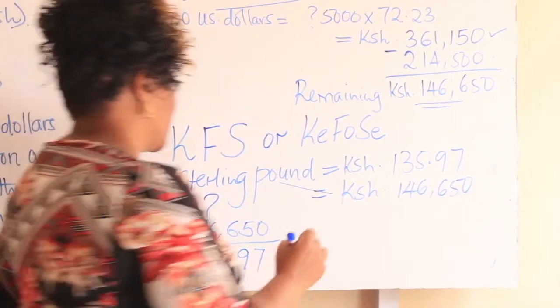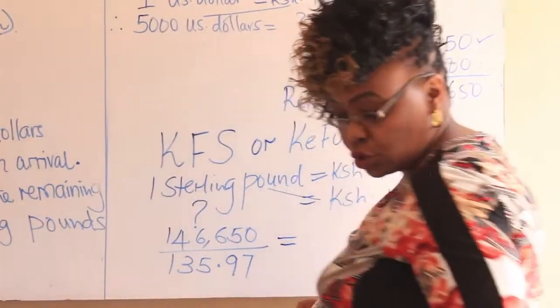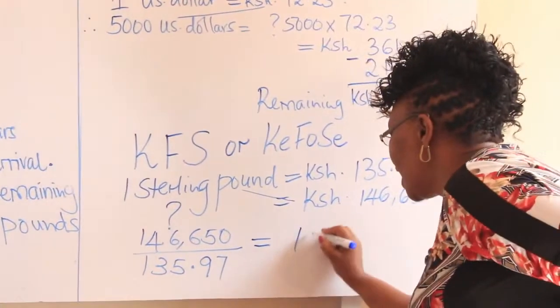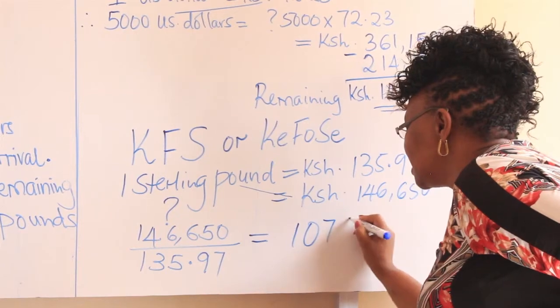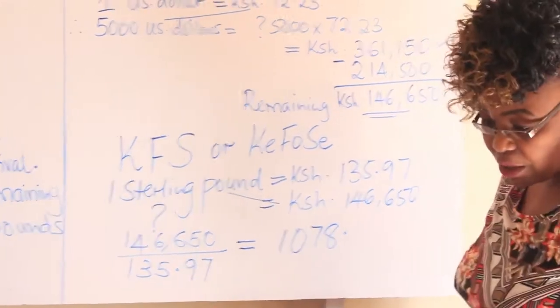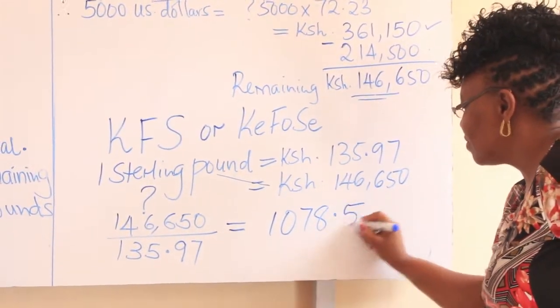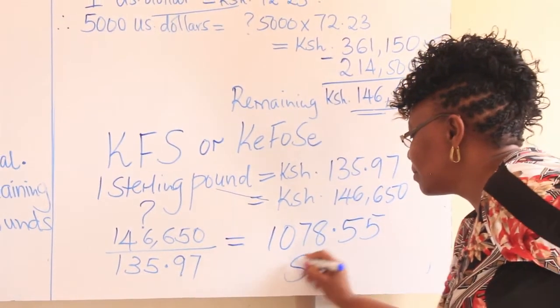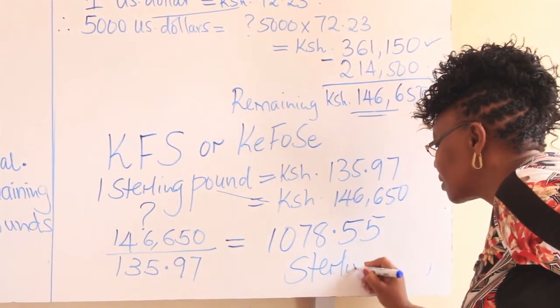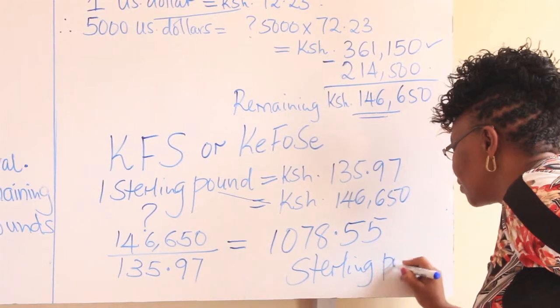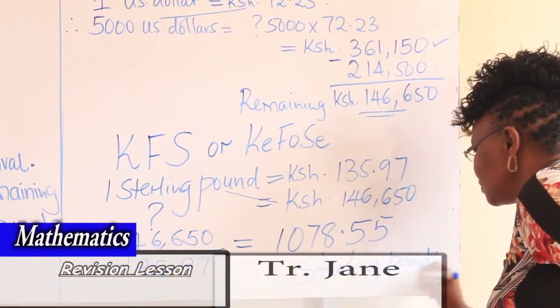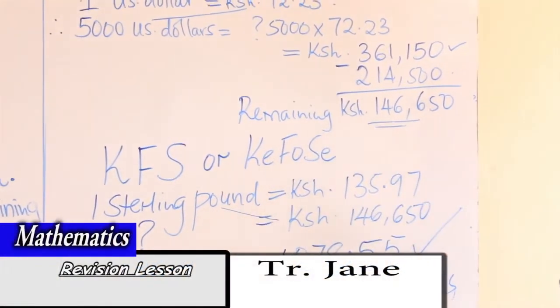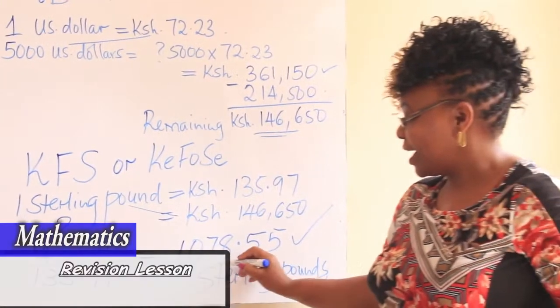If you work this out, you should get about 1,078.55 sterling pounds. Good. So that is the answer.